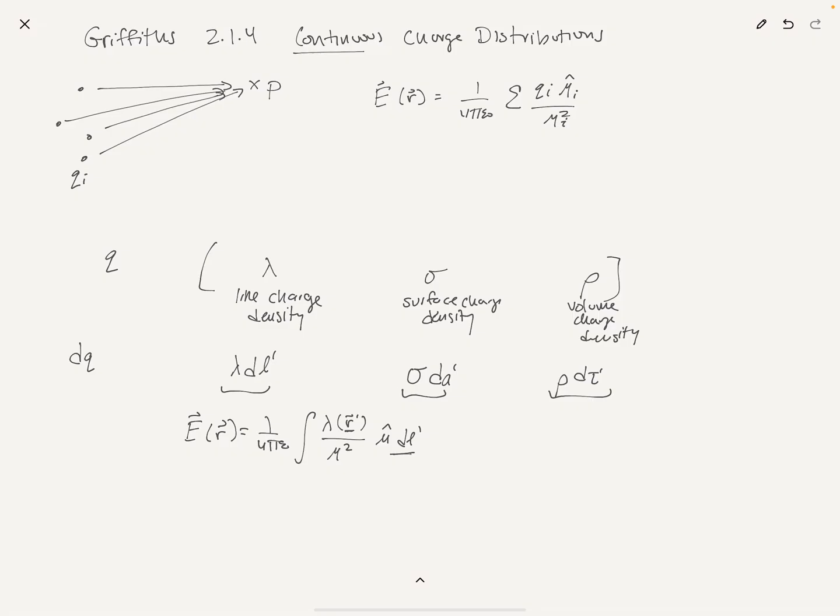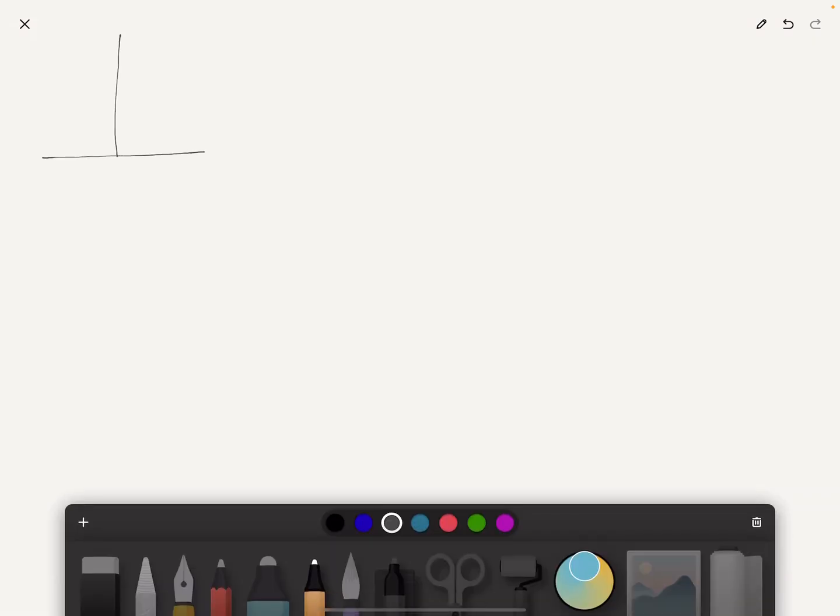Given that, let's do example 2.2 together. 2.2 looks a lot like the previous problem we did together, but instead of having discrete points, we have a line of charge density lambda.